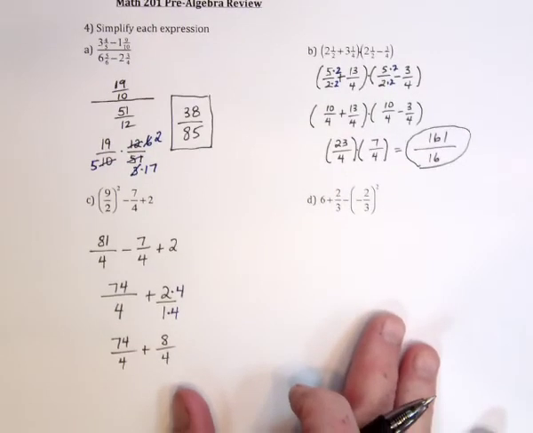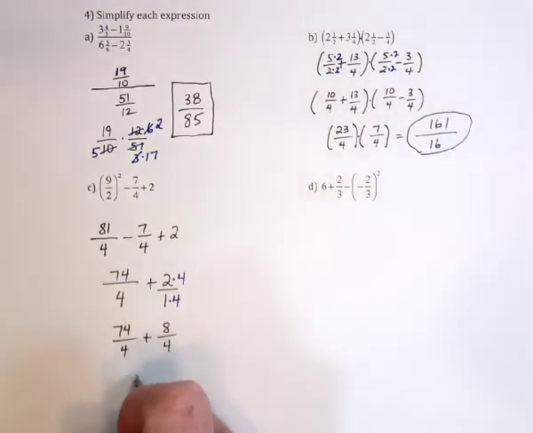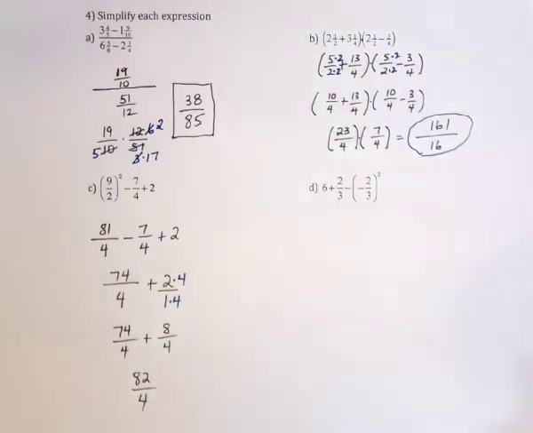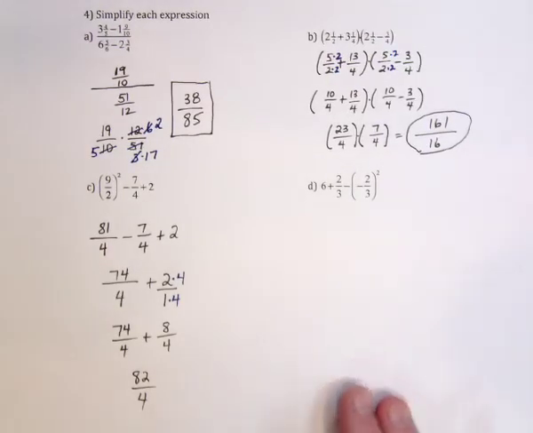And a 74 plus an 8, that's going to be 82 fourths. Well, those two numbers are even, so this definitely can be reduced. I'm not sure if a 4 will divide into an 82 right now. So what I can do is say, well, I know a 2 can.